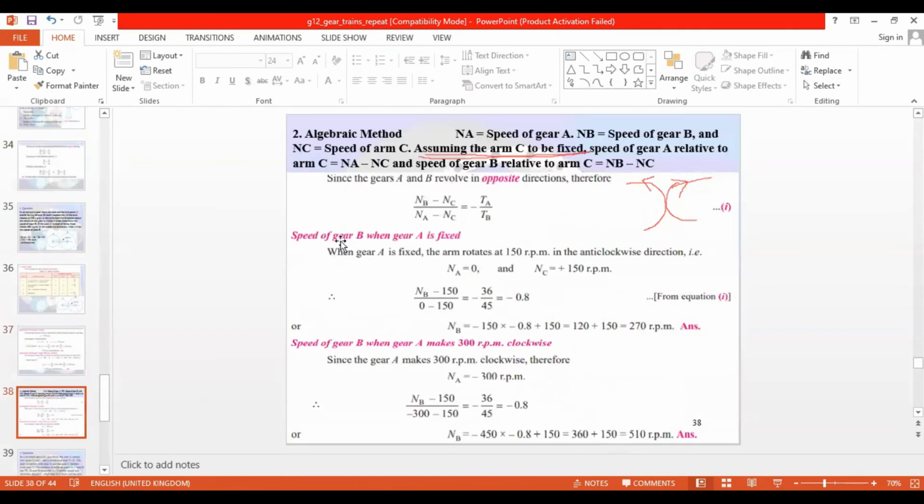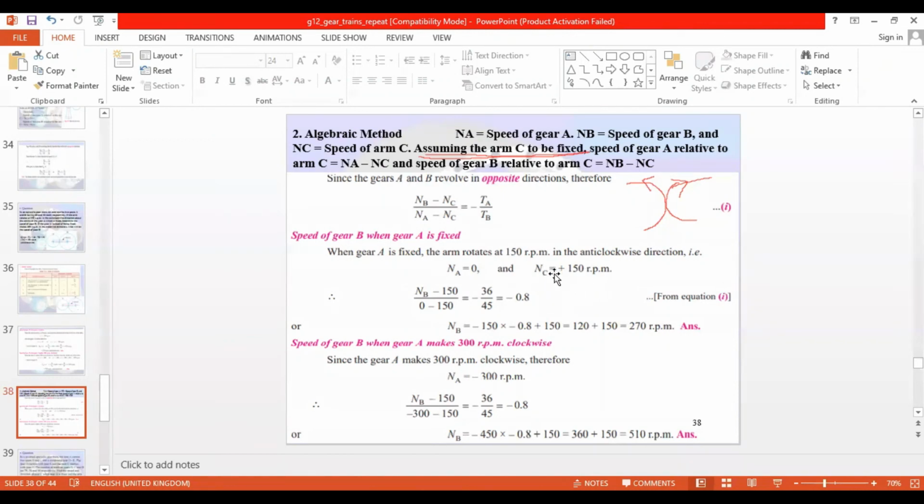So I will apply the formula. Speed of gear B when gear A is fixed. This is a standard formula, and now we are going to fix whatever we need. When gear A is fixed, NA is now going to be 0, and the arm rotates at 150 rpm, so NC is going to be 150 in the anti-clockwise direction.